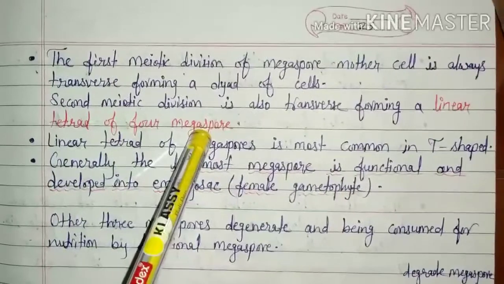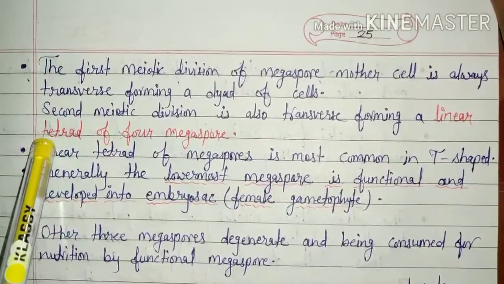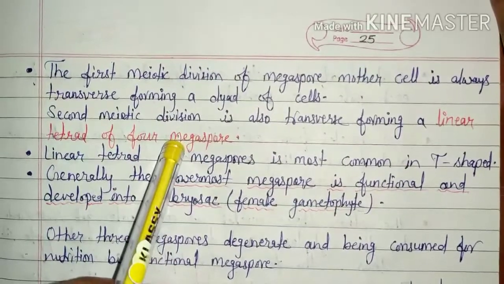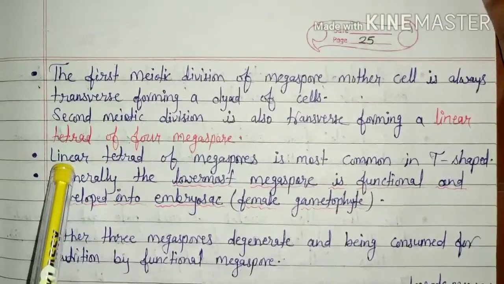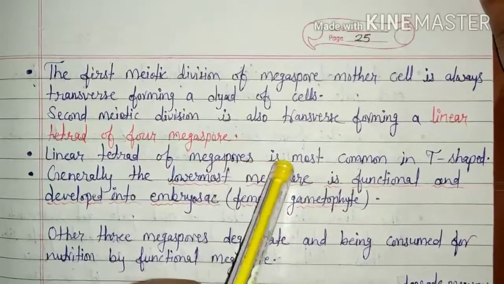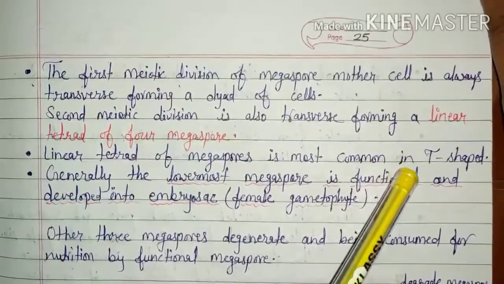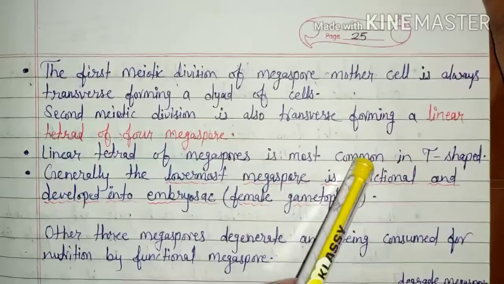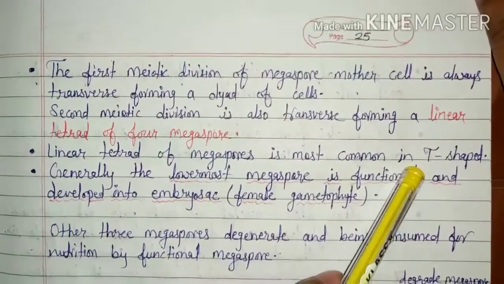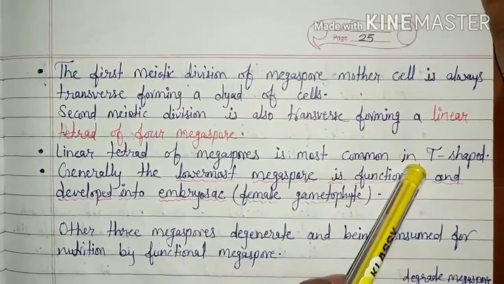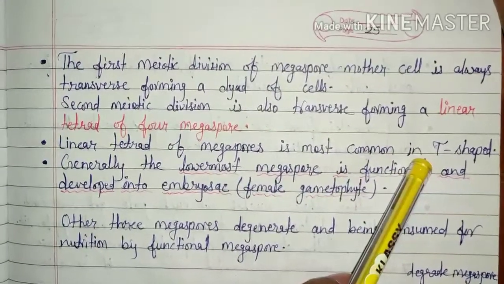It means the linear tetrad stage of megaspores. The linear tetrad of megaspores is the most common form in plants, and its arrangement is T-shaped or isobilateral. It may also be inverted T-shaped.